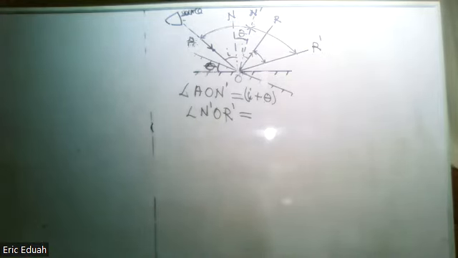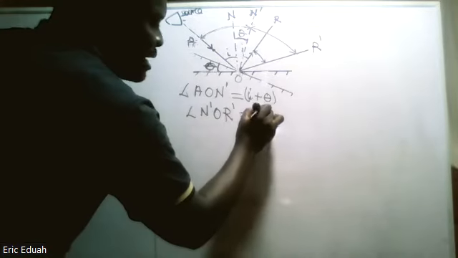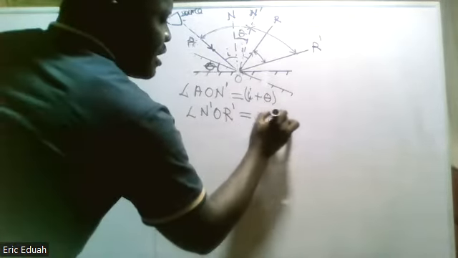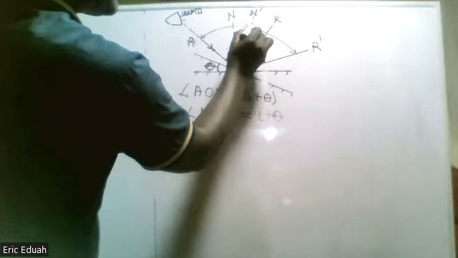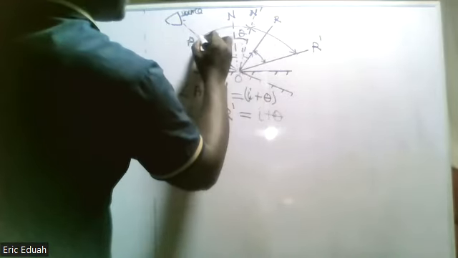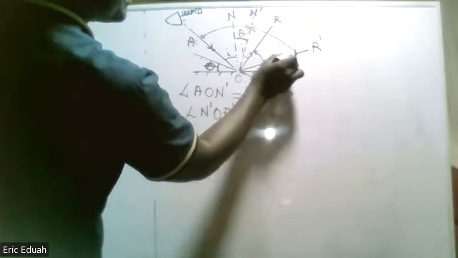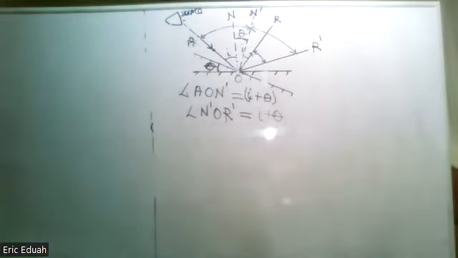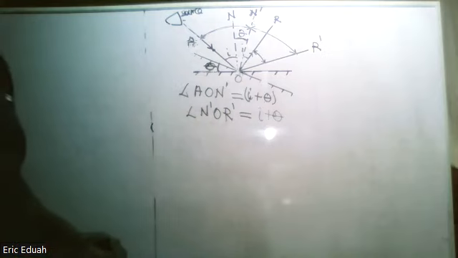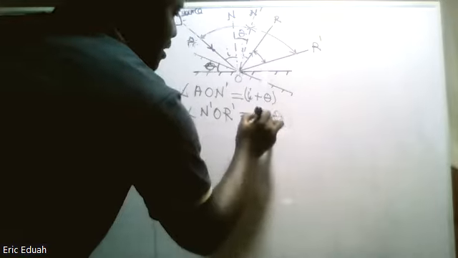I plus theta. Exactly. That will also be I plus theta, because if this is the angle of incidence to the new normal, this will also be the angle of reflection to the new normal. Angle of incidence and angle of reflection have the same value, I plus theta.